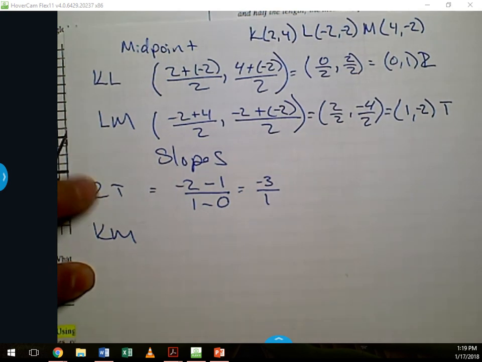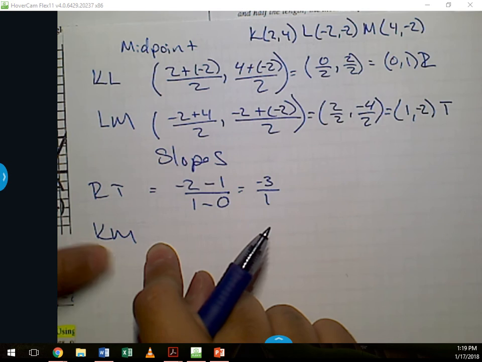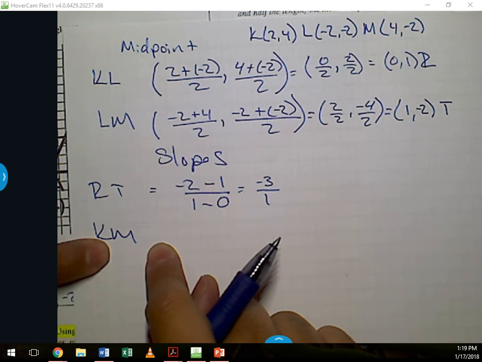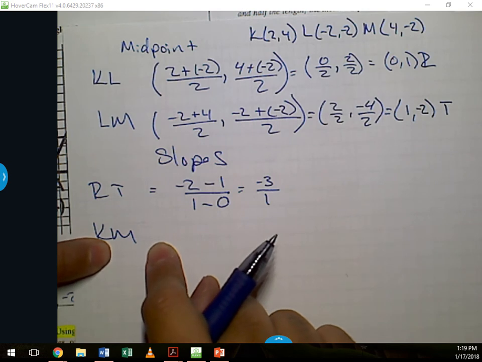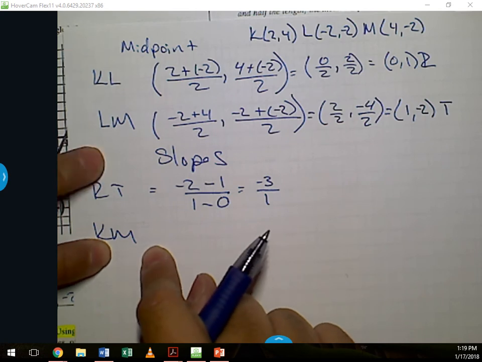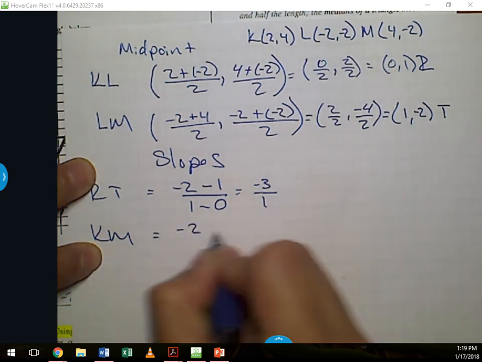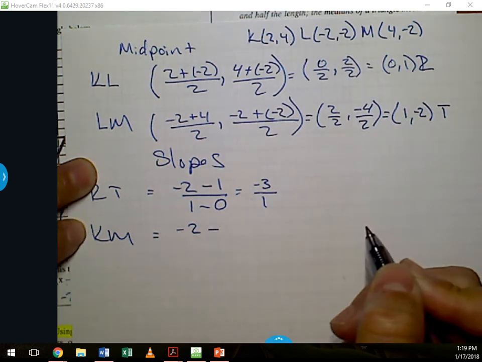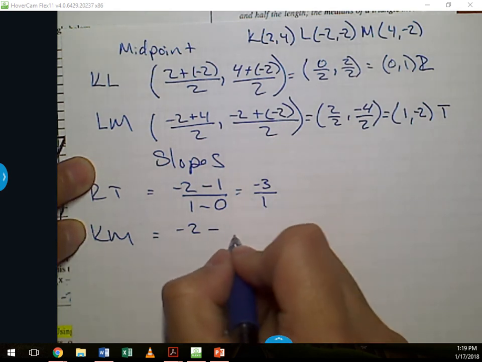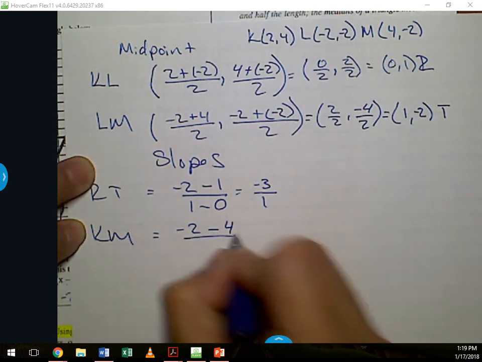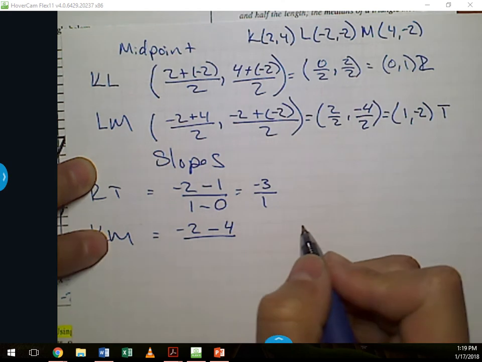Now, let's take a look at KM. We're going to do the same thing for KM. Which one's my second point? It's M, right? So now, if M's my second point, what is Y from my second point? Negative 2 minus, what is Y from my first point? 4 over, what is X from my second point?